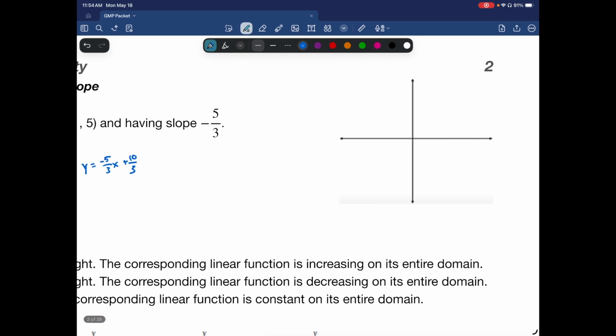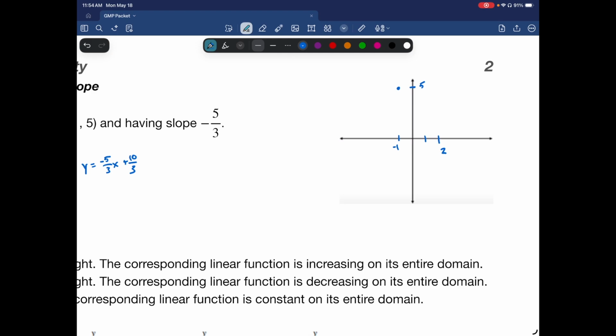But because 10 over 3 is not an easy starting point, let's do, so let's see, we have negative 1, 5. That's a point right there. And then if we use our slope, negative 5 thirds, so dropping 5 would take us back to the x-axis, and then you go negative 1, 0, 1, 2. All right, so that's 3 spots.